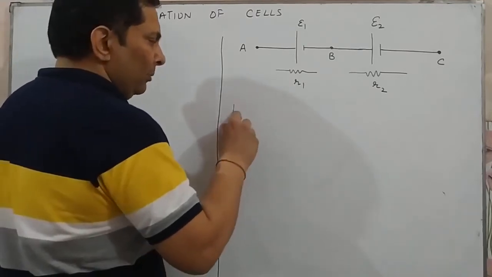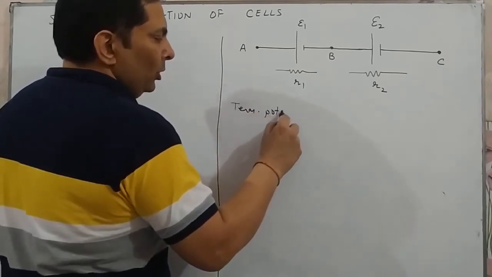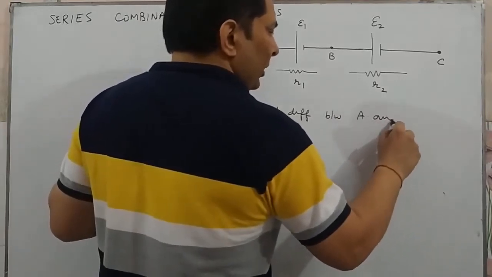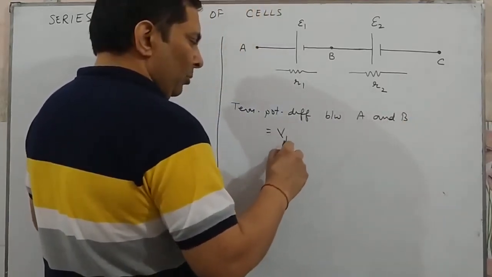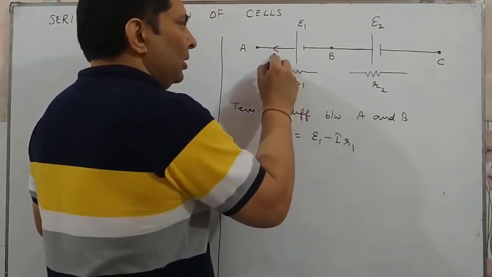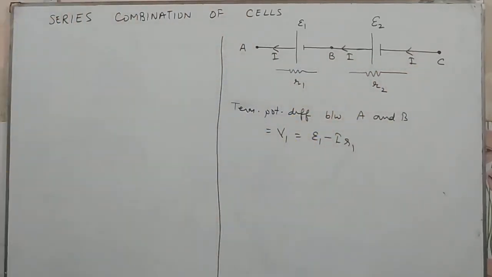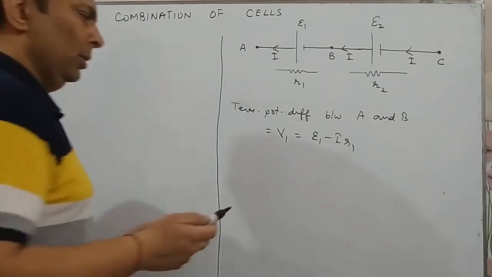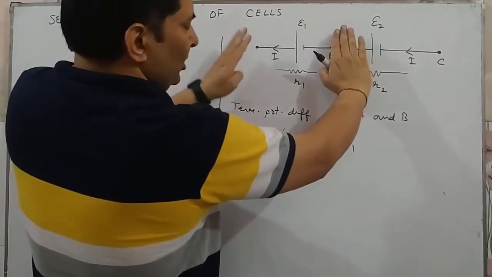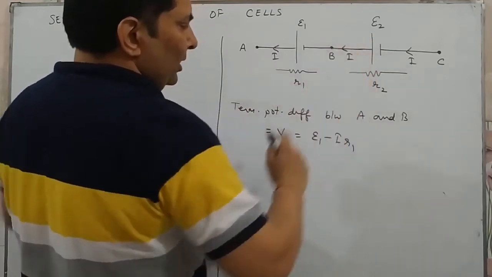So let the terminal potential difference between points A and B be V1, which is equal to E1 minus I R1, where I is the current flowing through this circuit. Current will remain the same because in series combination the same current flows throughout the circuit. So this is the expression for the first cell only: terminal potential difference V1, EMF E1, current I, and R1 the internal resistance.